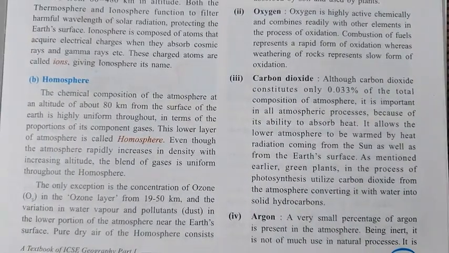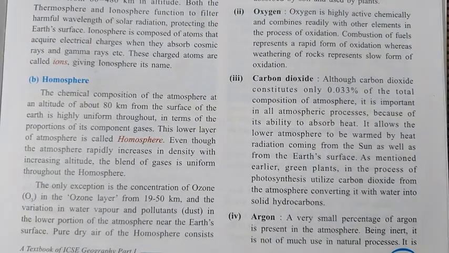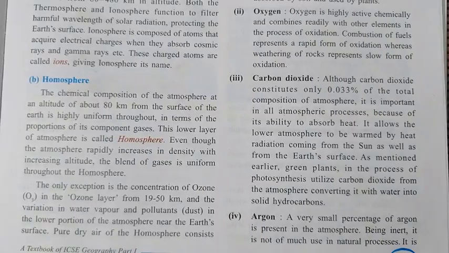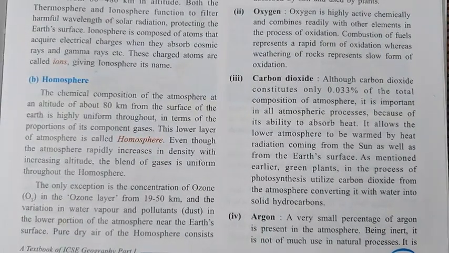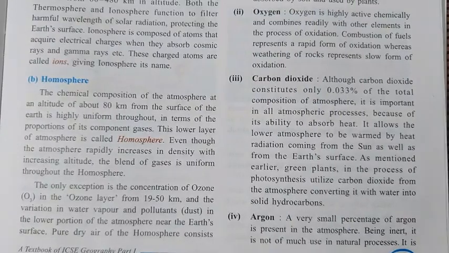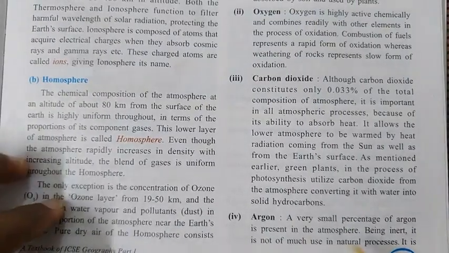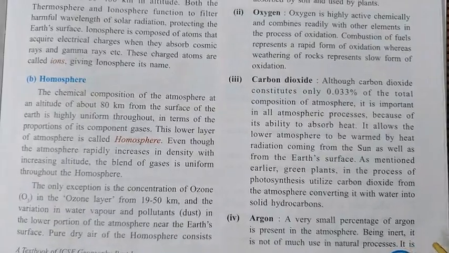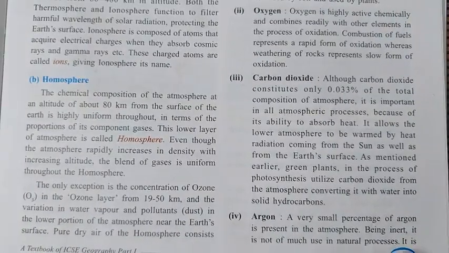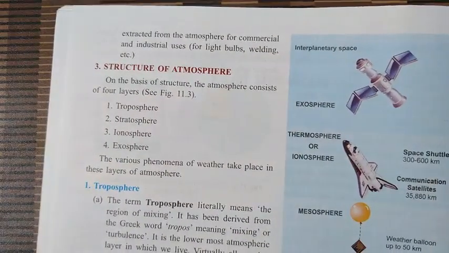Now argon forms a very, very small percentage, and already you know that argon constitutes only how much? That is 0.934%, a very small percentage. But here, argon also acts in natural processes. Which type of gas is argon?